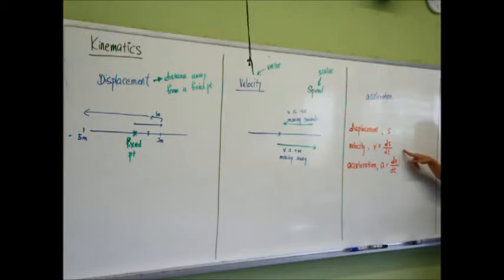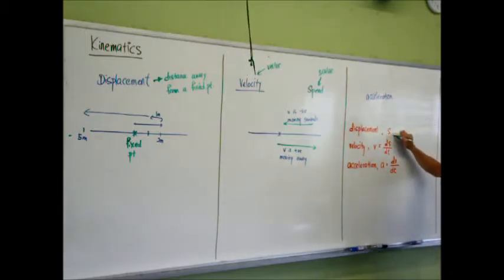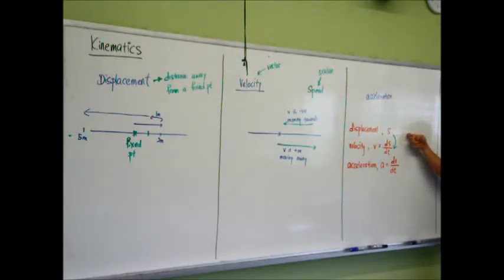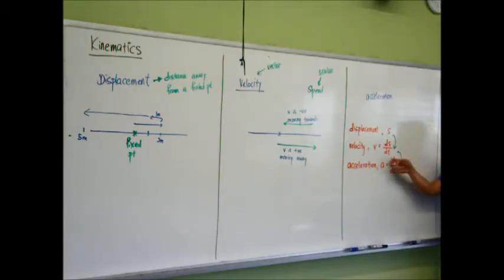In order to find your velocity, you will need to differentiate your displacement. Similarly, if you want to find your acceleration, you will need to differentiate your velocity, with respect to time. That sort of sums it up.